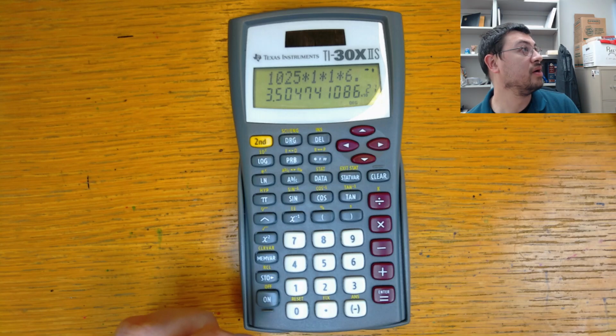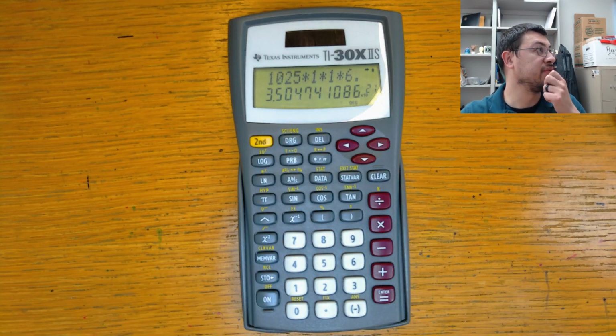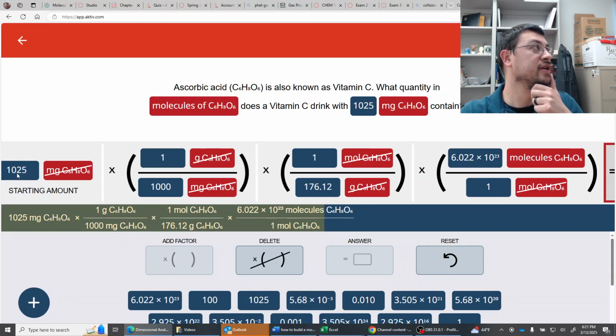3.50. Let's check on sig figs. We're going to have 4 sig figs because the initial number is 4 sig figs, and most problems it's sig figs in is sig figs out. That's a conversion factor.